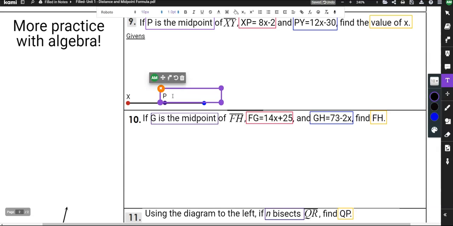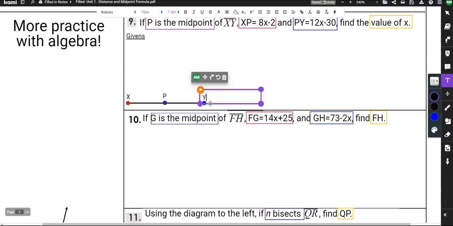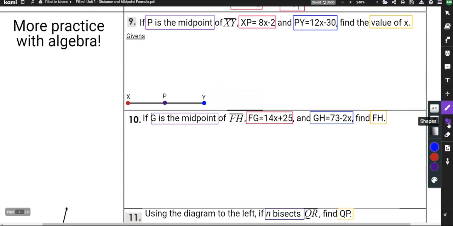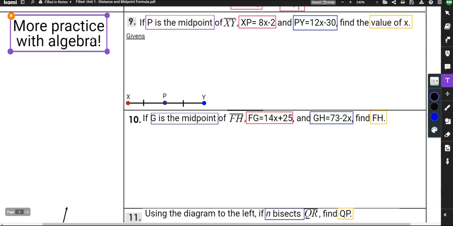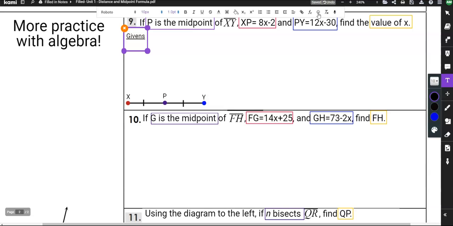So P is the midpoint. Now remember, when you have a midpoint given, that indicates that the segments are equal. So this one, PY and XP, are congruent.